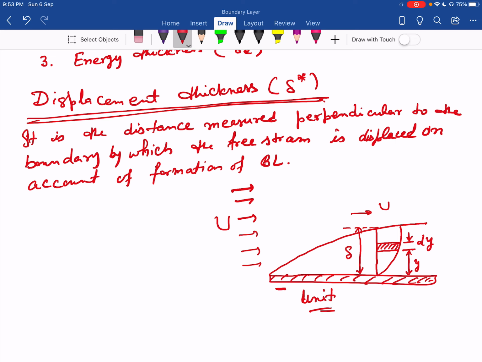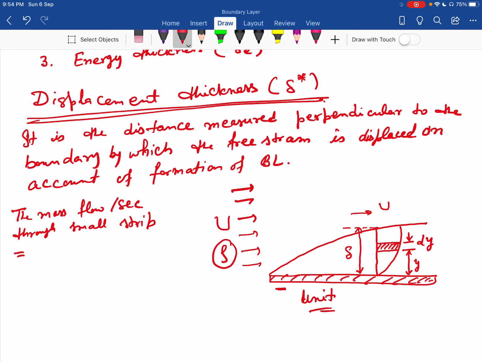Let rho be the density of the flowing fluid. That fluid is flowing above this plate. Now you can write the mass flow per second through this small strip.